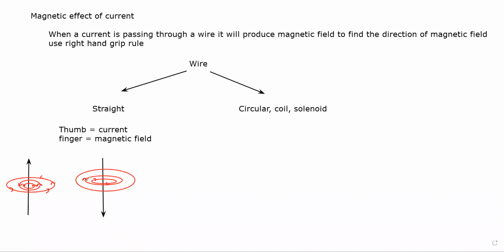The magnetic field pattern will also change the direction of the field pattern. If it is a cross, it means the current is in. So our thumb should point into the page and the fingers will turn around to show the direction of the magnetic field.